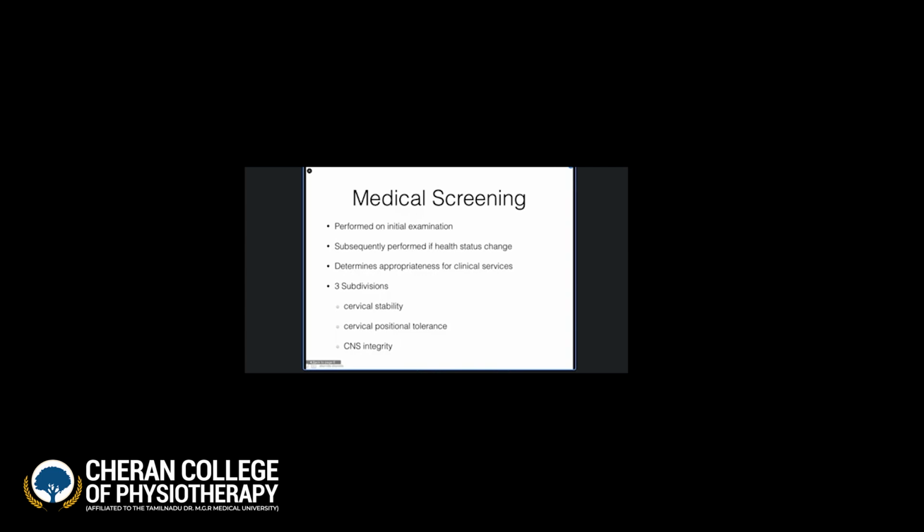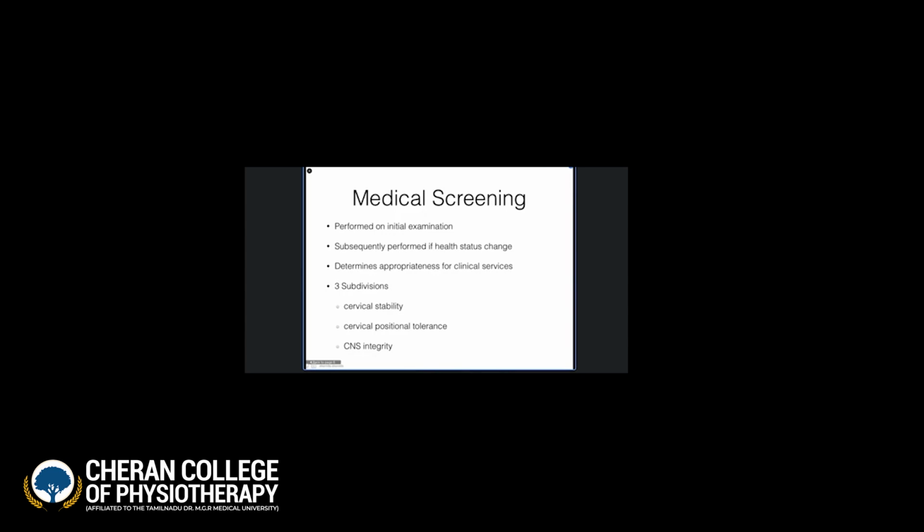Medical screening should always be performed before starting your exams, before starting your intervention, and it is also performed for the nearby areas. For example, whether nerves or arteries are getting compressed. So always you should do the medical screening, which is called the objective examination.